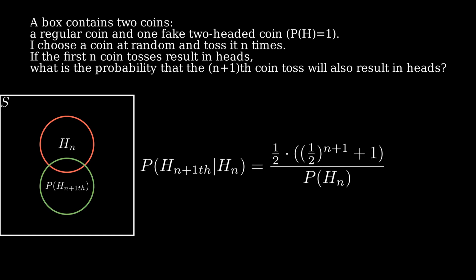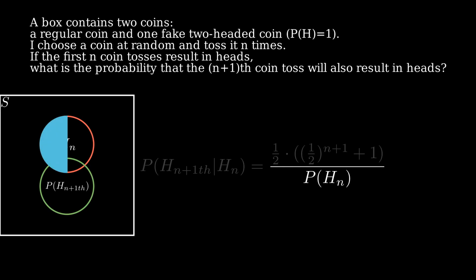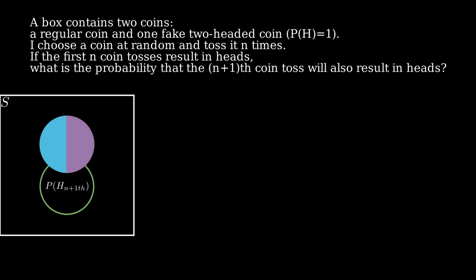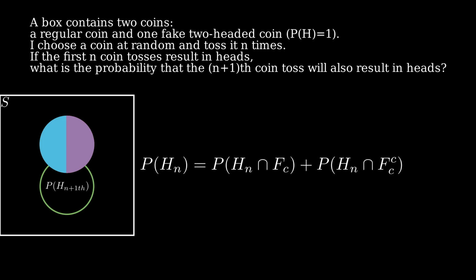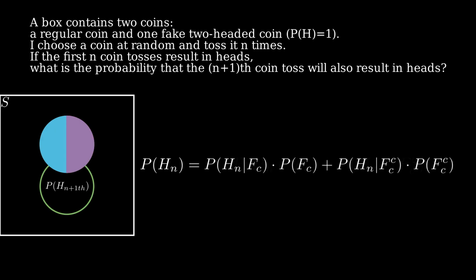Now, let's find the probability of Hn. Note that part of the Hn outcomes comes from the fair coin, and part from the double heads coin. In other words, the probability of Hn is equal to the following equation. Note that our equation can be seen as the law of total probability, and as such, we can rewrite it as follows.